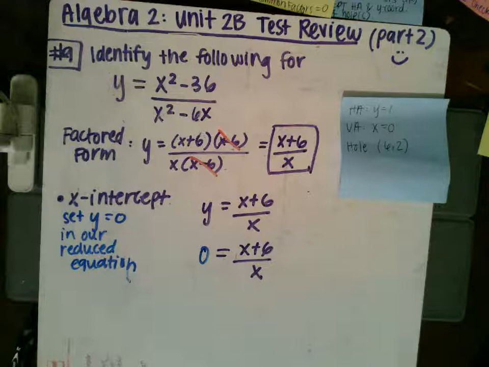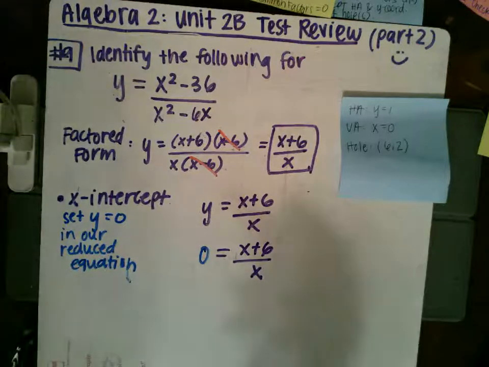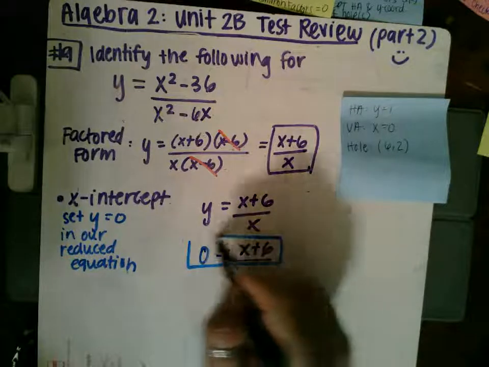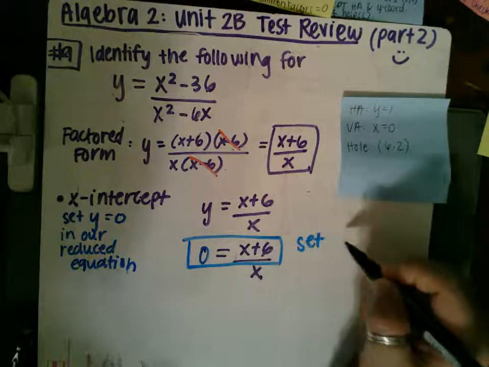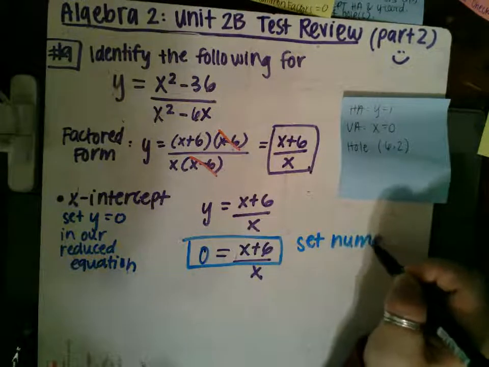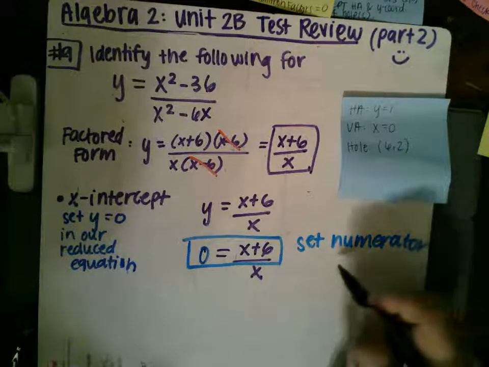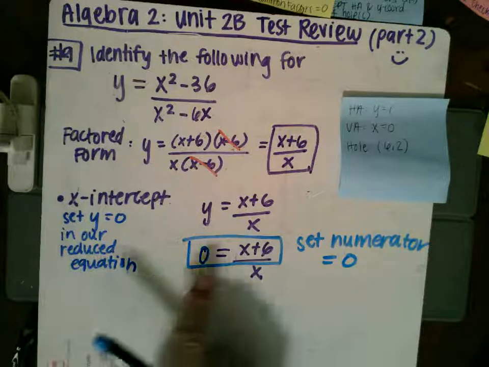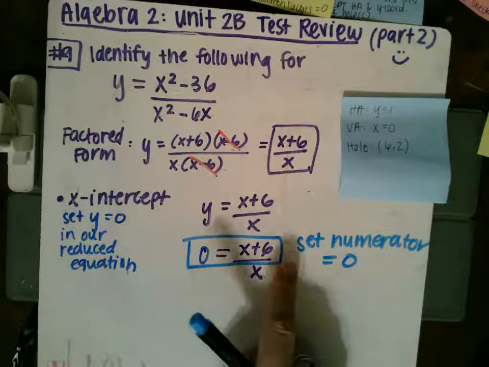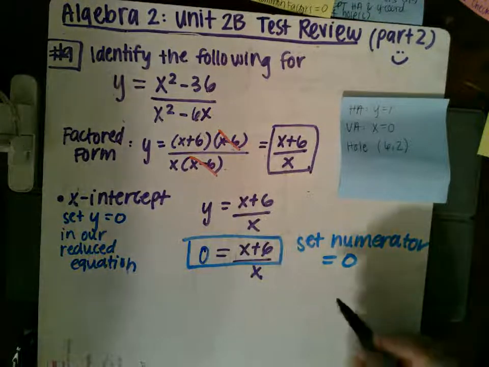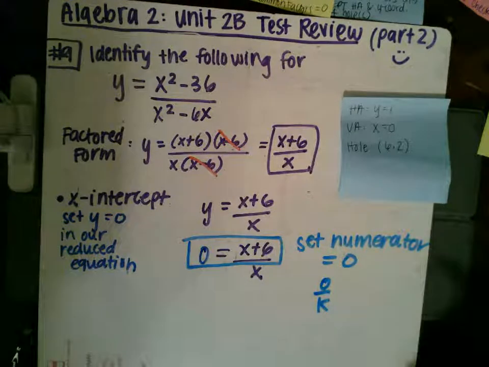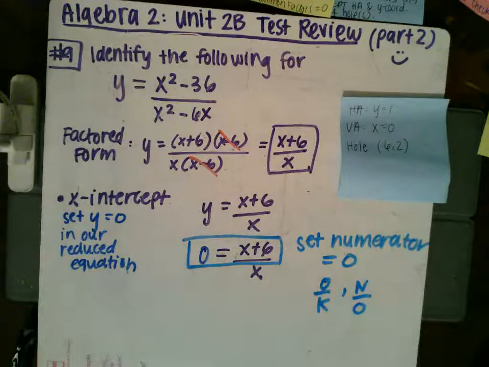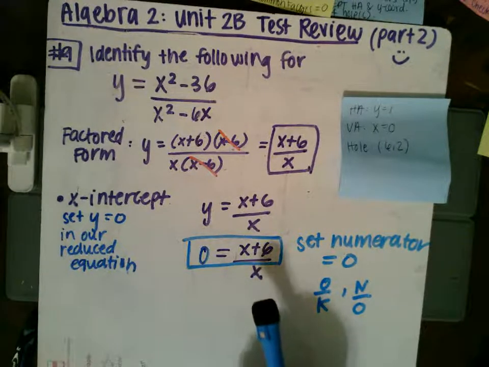My students know that we actually set the numerator equal to 0. The reason for that is the only way this expression will be equal to 0 is if the numerator is equal to 0. Remember, it is okay to have 0 on the top, but it is not okay to divide by 0, and x is in the denominator.